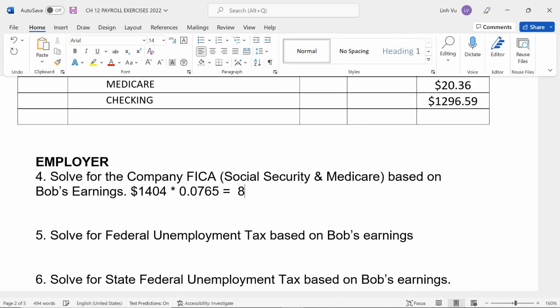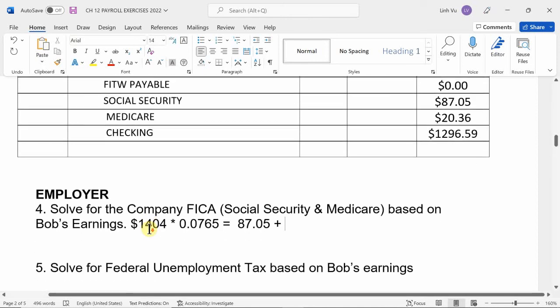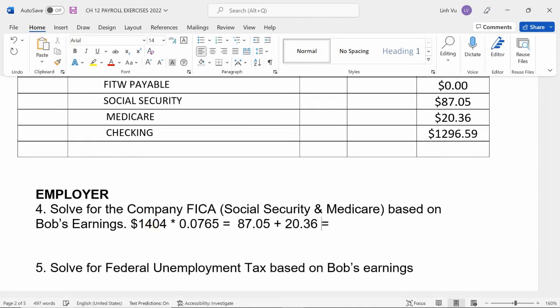Social Security was $87.05 plus the Medicare of $20.36. So therefore, total company FICA is going to be 87.05 plus 20.36, which is equal to $107.41. Okay? That is how much company FICA we are responsible for.